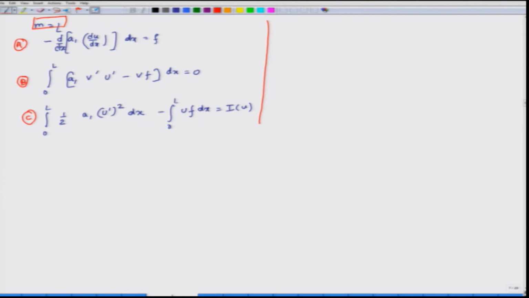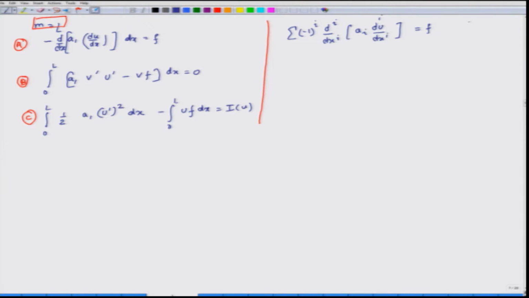If m is more than 1, it could be 2 or higher, then the general equation we had discussed was the sum of minus 1 to the power of i, d i over dx i of a i d i u over dx i, is equal to f.